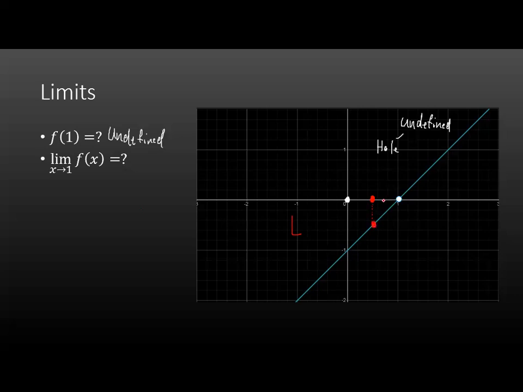Okay, now let's get even closer to 1. So the y value would be here, right? Now it even gets closer to 1. So the y value is getting closer to 0. So if we let our points get closer and closer to 1, it approaches what value? It approaches 0, right? So that means your left is 0.